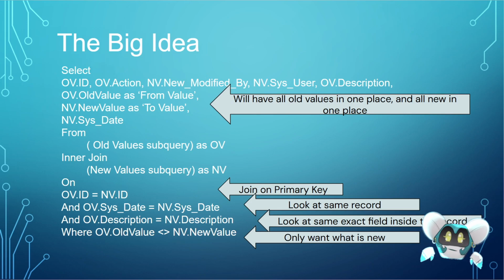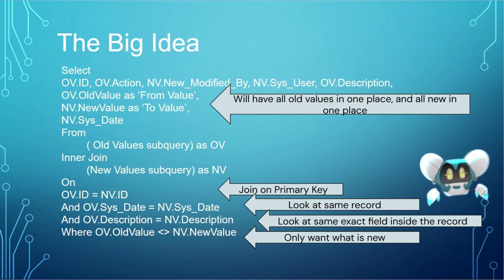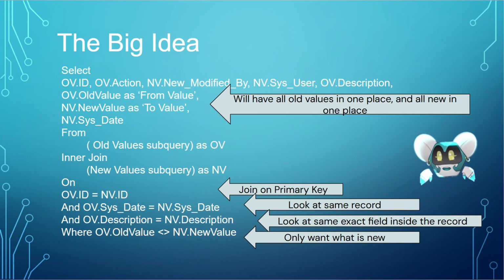So as we create this view, it might be a little confusing as we go a bit back and forth as we make the building blocks. So on this one slide, I wanted to give the big idea, the general idea of what we're trying to do.